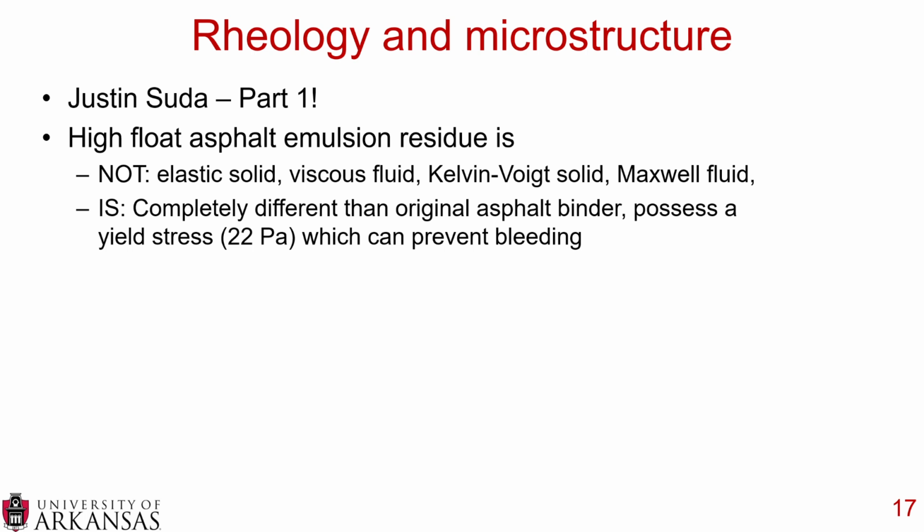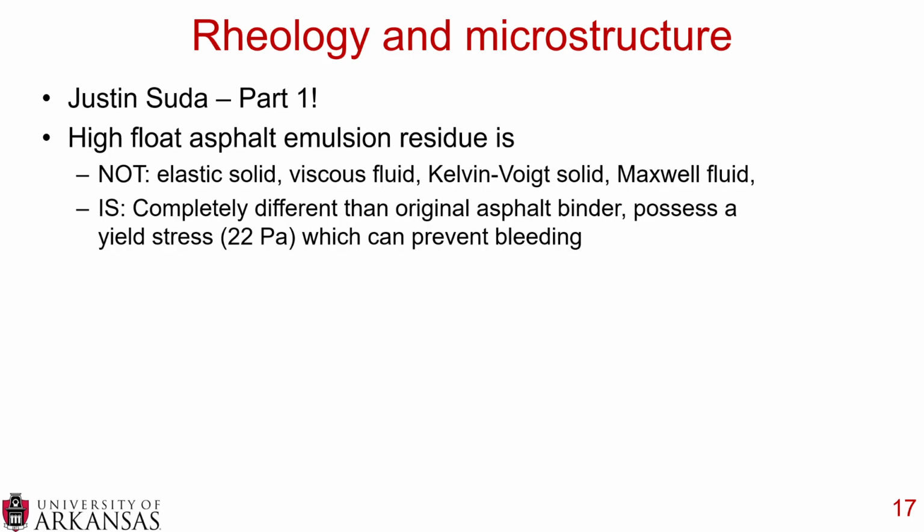Now, if you want to learn more about these, please take a look at my viscosity Pavinar, because asphalt binder is considered a combination of all of these. But Justin found out that when you have a high float residue, you move away from these traditional definitions of asphalt binder or asphalt emulsion residues. He believes that high float asphalt emulsion residue is completely different than the original asphalt binder.